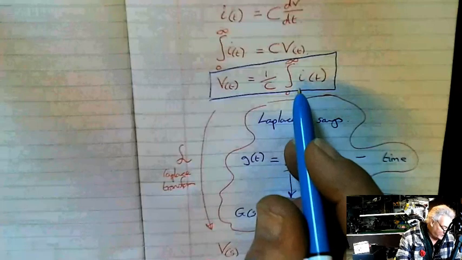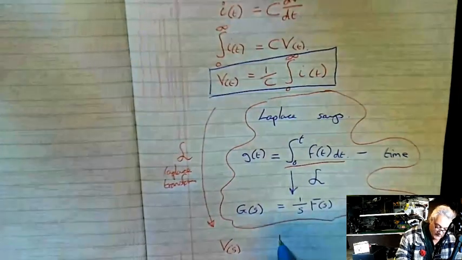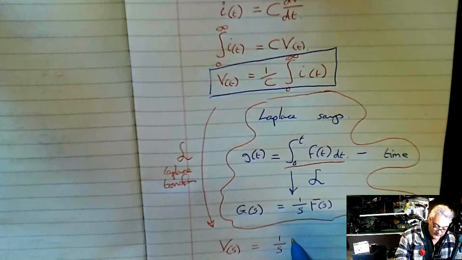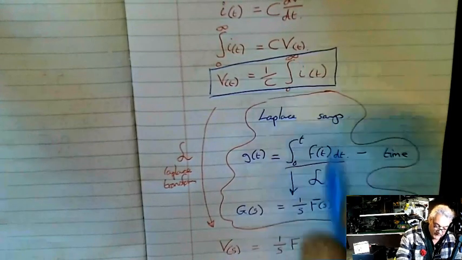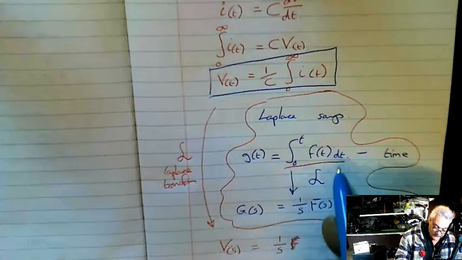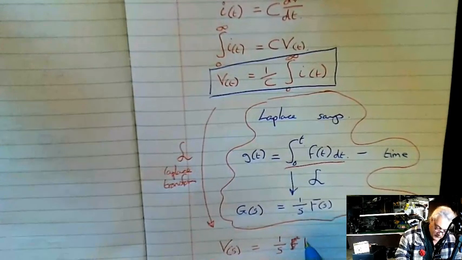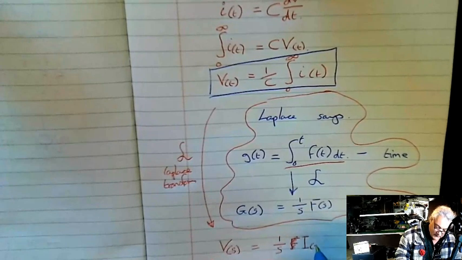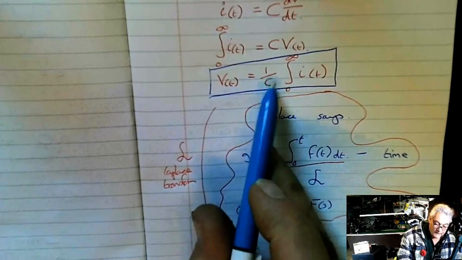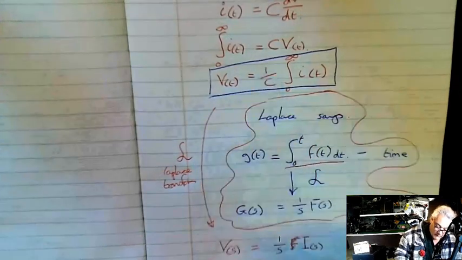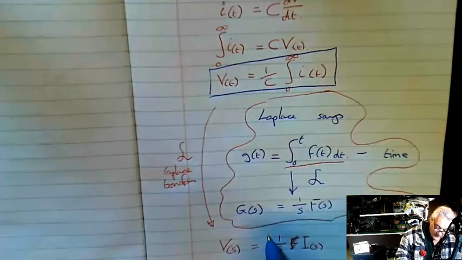Well, the function here is I, so we have v of s is equal to 1 upon s times I of s, and of course we mustn't forget that we've got a 1 upon c here, which isn't in here, but that 1 upon c we can bring across here.